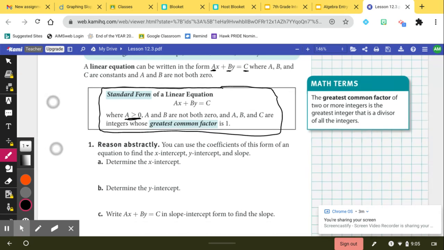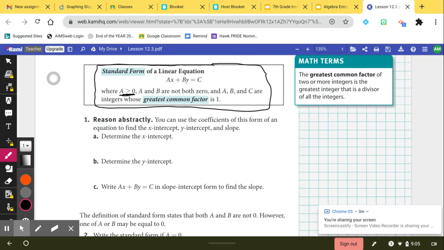So what's nice about standard form is with some quick math, we can easily find my x-intercept, my y-intercept, and my slope. It says you can use the coefficients of this form of the equation to find the x-intercept, y-intercept, and slope. So I'm just going to create a standard form of a linear equation that we can do that with.